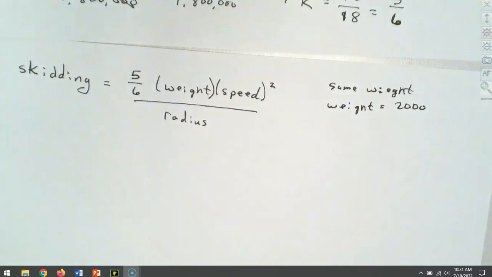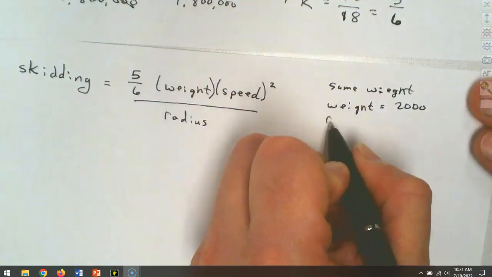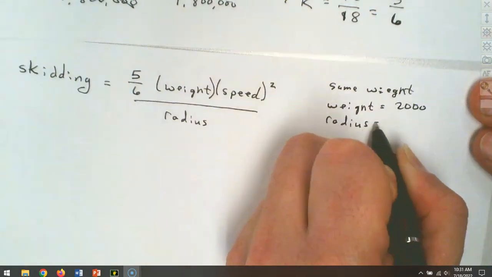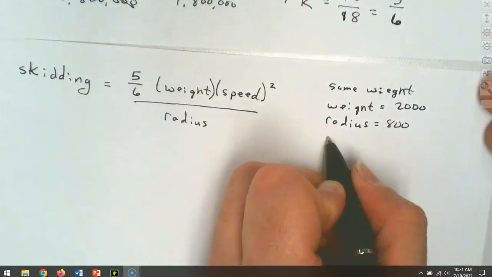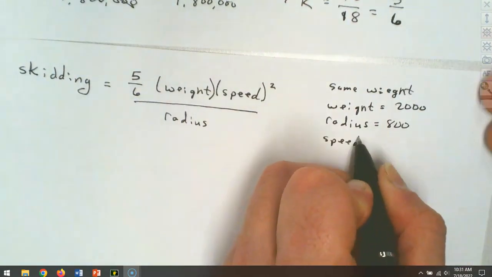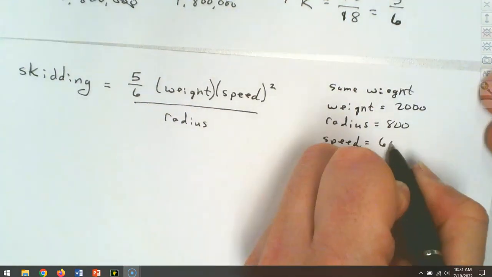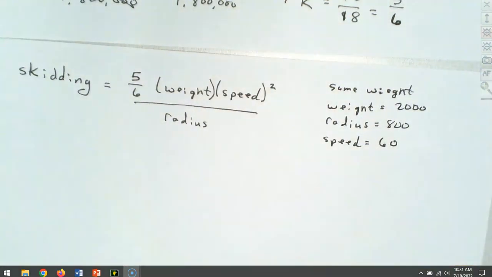But we did change some variables in here. We changed that radius of that curve to be 800 instead of 500. And we also changed that speed to be 60.